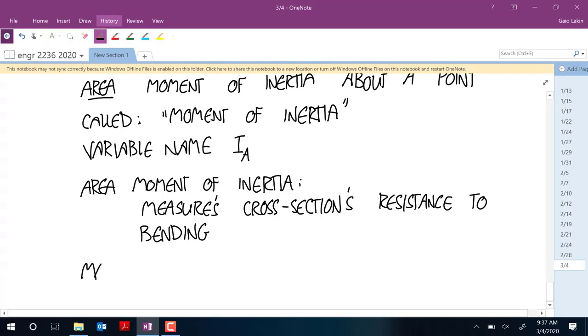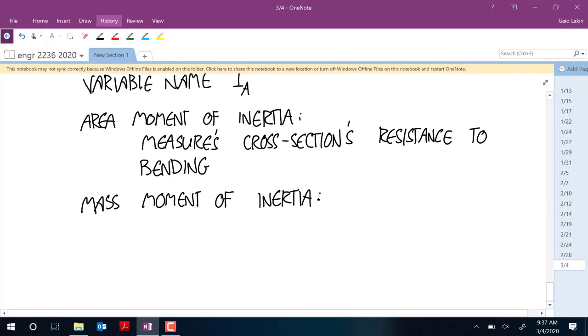The mass moment of inertia measures a rigid body's resistance to rotation.